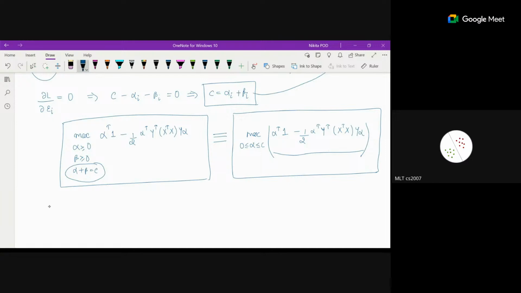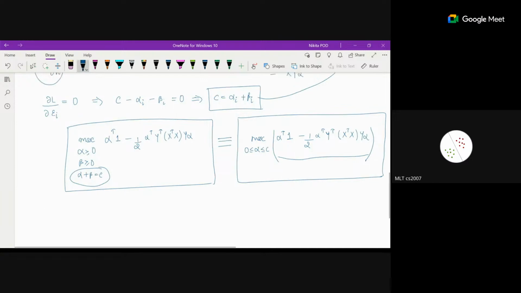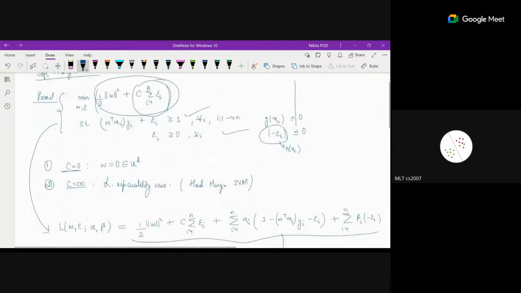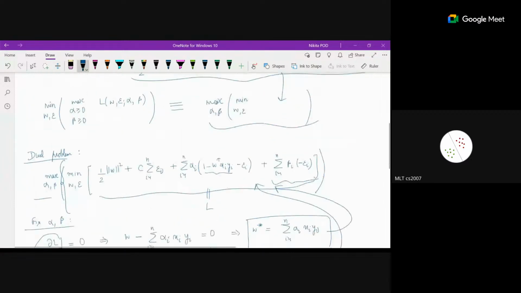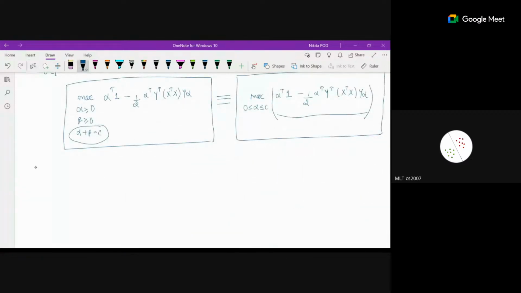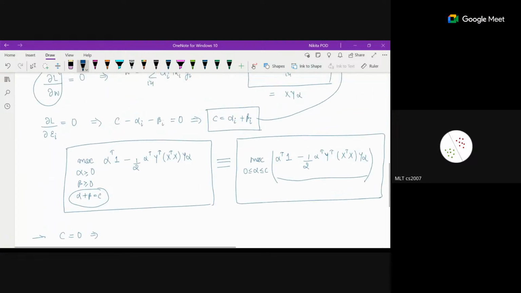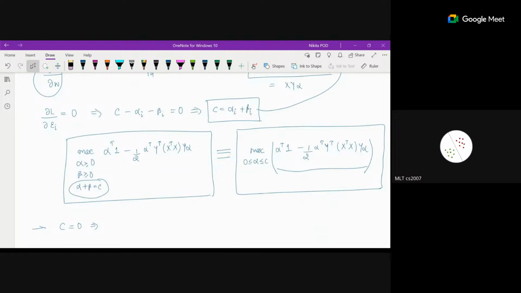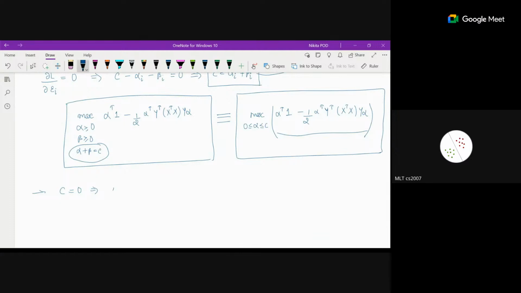And now we again take the two cases that we had taken earlier for the primal problem, where we were seeing what if C is equal to 0 and what if C is equal to infinity, then what do you get here? So again, we will test this. If I take C to be 0, then my alpha plus beta should add up to C, or my alpha should lie between 0 and C. But if C is 0, it means my alpha star is going to be 0, right?